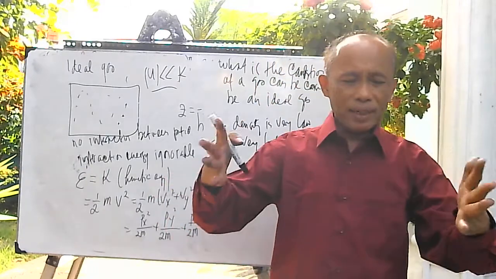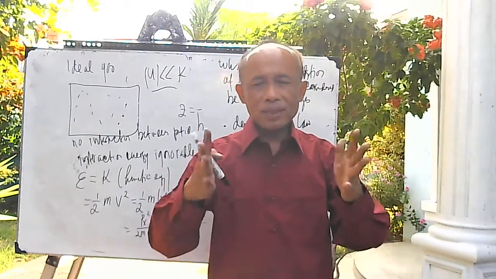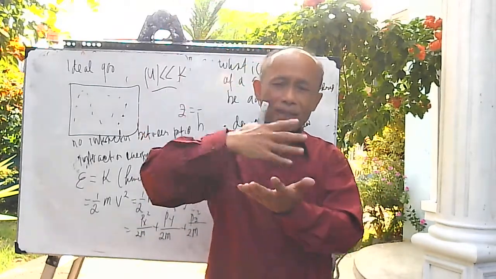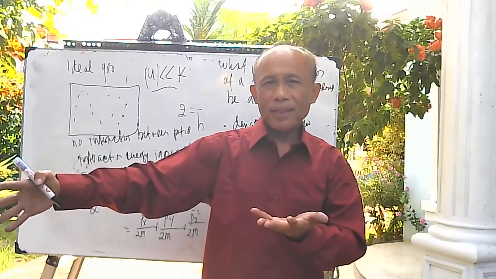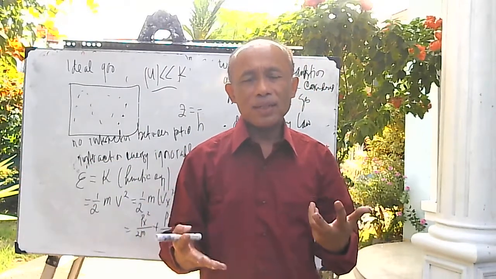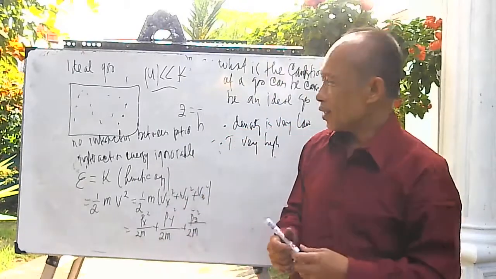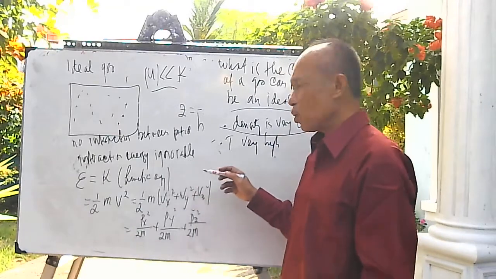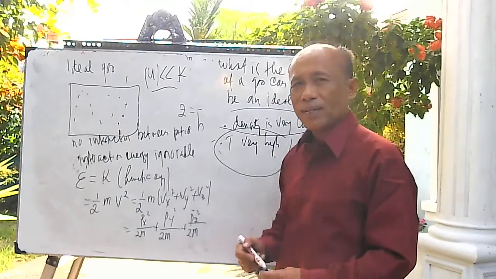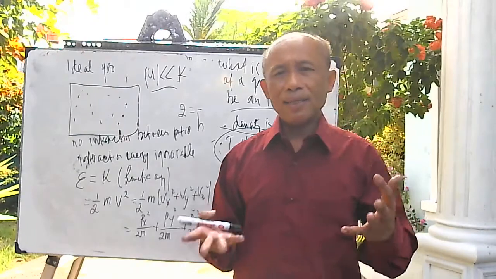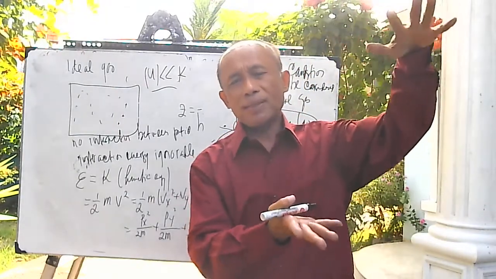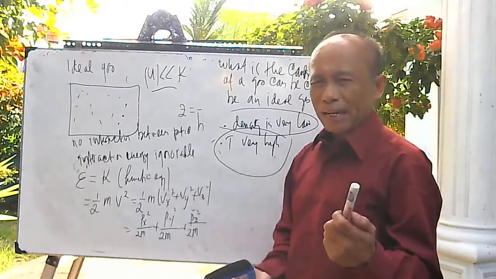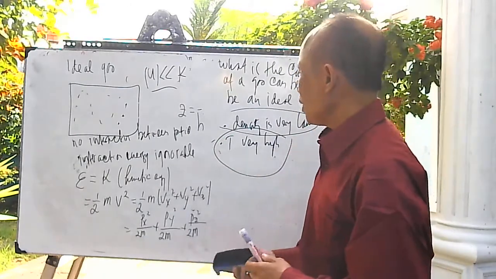So even if the interaction energy is large, if the kinetic energy is much larger, we can ignore the interaction energy, and the gas can be considered an ideal gas. So ideal gas is generally obtained at the condition where the gas density is very low or the gas temperature is very high. In both conditions, the kinetic energy is much larger than the interaction energy between particles. Now, we assume that our assembly is an ideal gas.